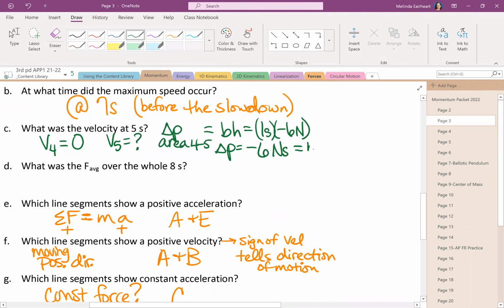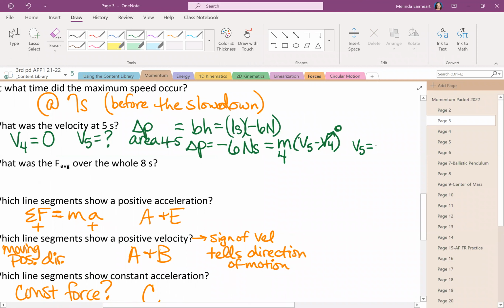M delta V. And it would be V5 minus V4, which we already said is 0. Mass, I told you it's 4. And so when you divide -6 by 4, we get -3/2 or 1.5. Go back up to our story. Did we say we were moving in the negative direction when 5 seconds came along? Yeah, so sign of velocity should match that.